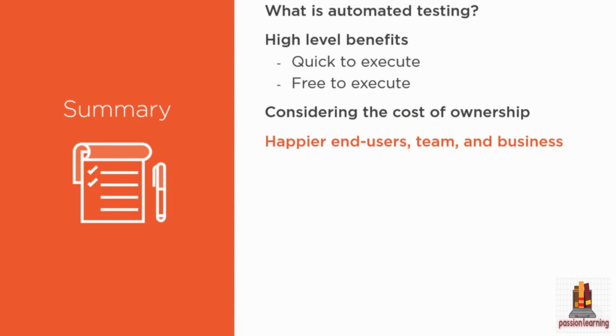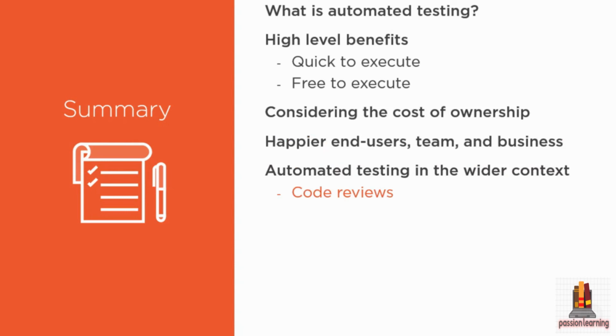We learned that automated tests can help us to deliver happier end users, a happier development team, and a happier business. We also looked at automated testing in the wider context. So for example, how it's just one aspect of software quality that can be augmented with code reviews and well understood requirements.